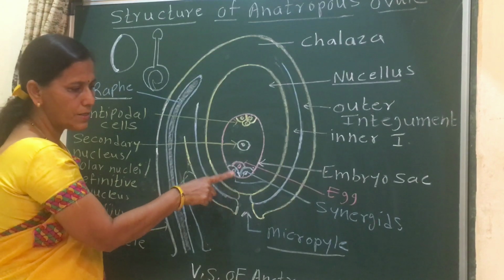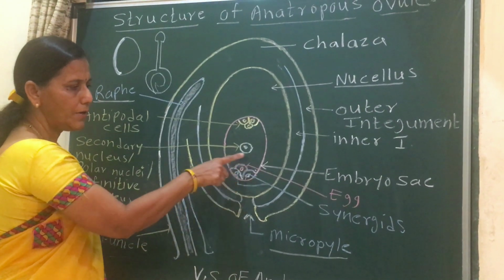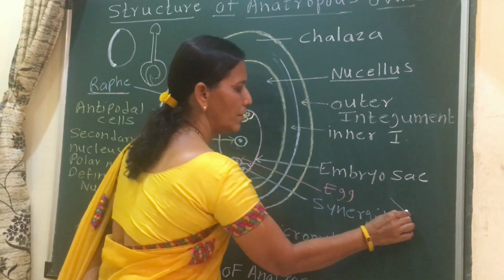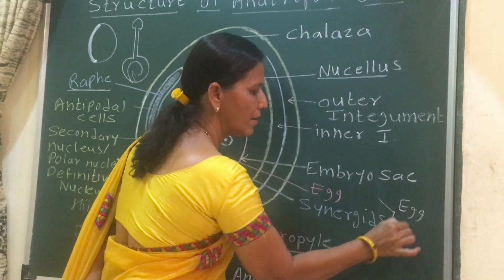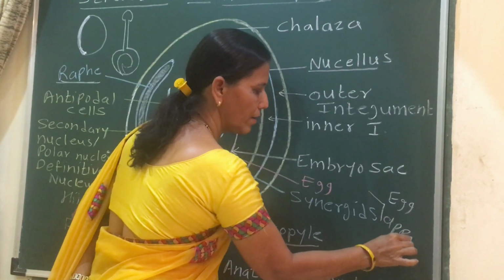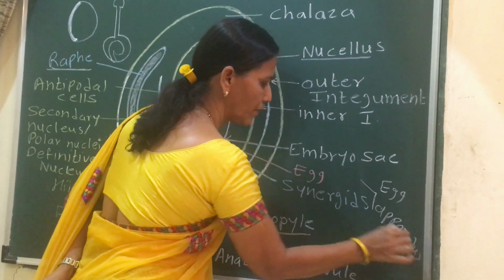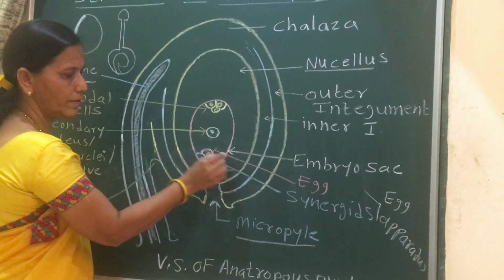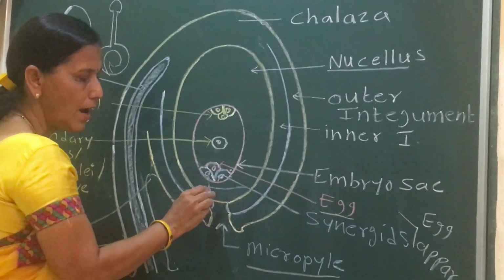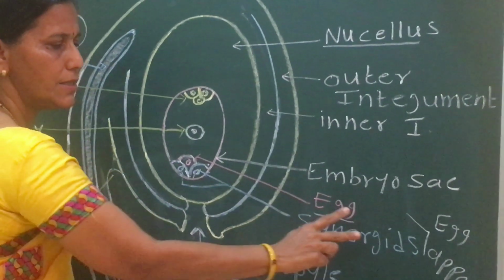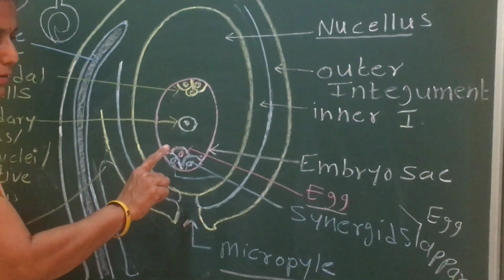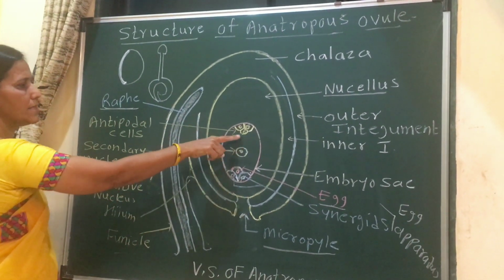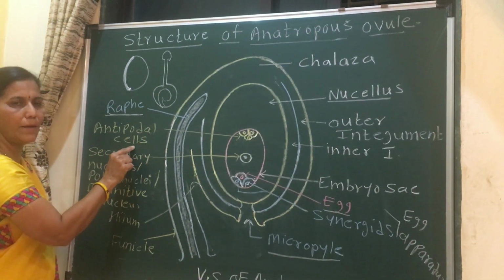These 3 cells towards the micropylar end together are called as egg apparatus. In this egg apparatus, the middle one is the egg and 2 lateral synergids are present. Then towards the chalazal end, 3 cells are present called as antipodal cells.